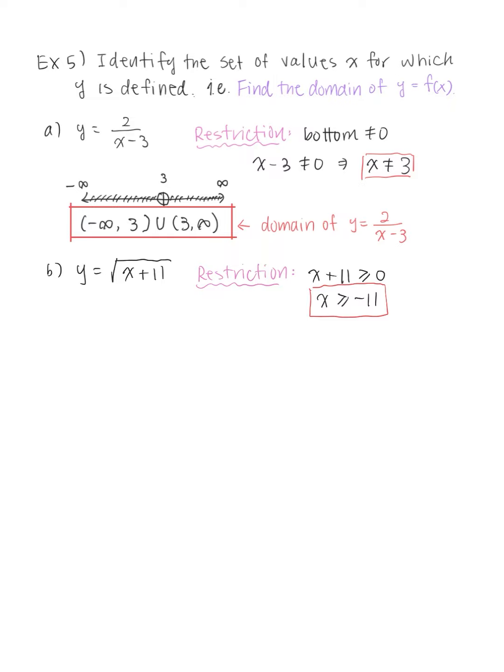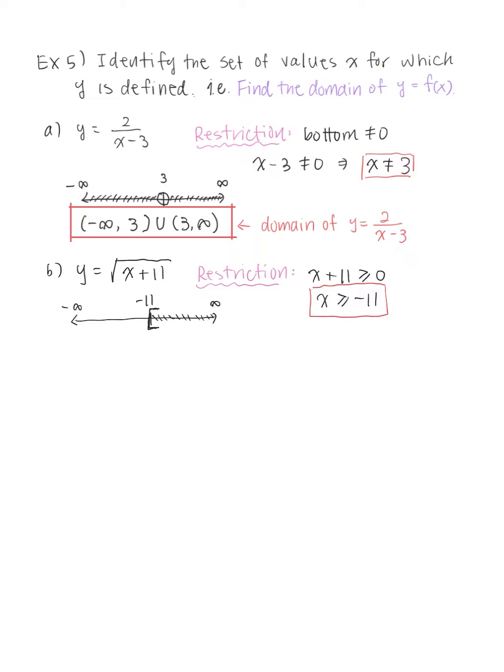But anyway, let's express our answer in interval notation. So here it is, negative infinity, positive infinity. This is going to be negative 11. Now x is greater or equal to. So if it's greater or equal to, then negative 11 will be included. So in that case, we put a little closed bracket, and then you're going to have to shade this side.